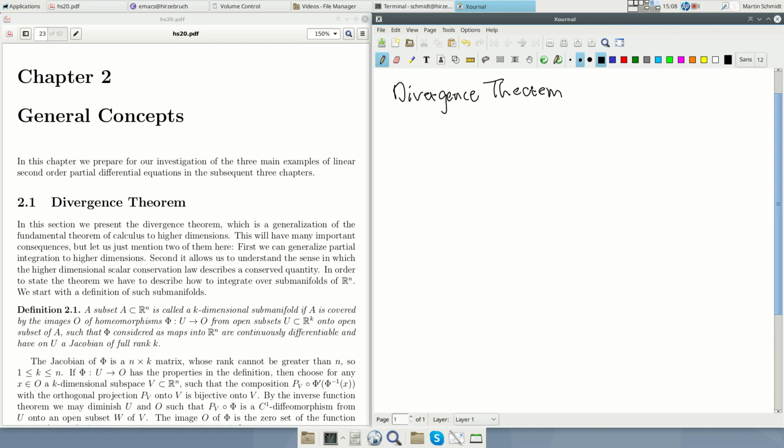The divergence theorem states the following: the divergence of f integrated over some bounded domain is equal to the integral over the boundary of the product of f with n, the orthonormal vector.